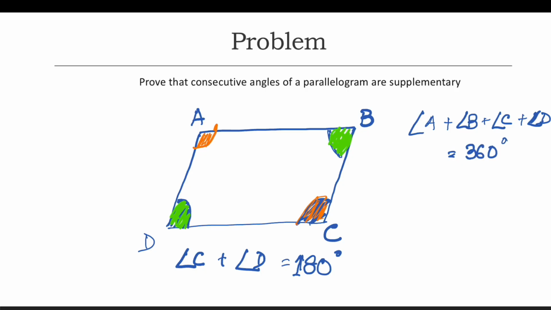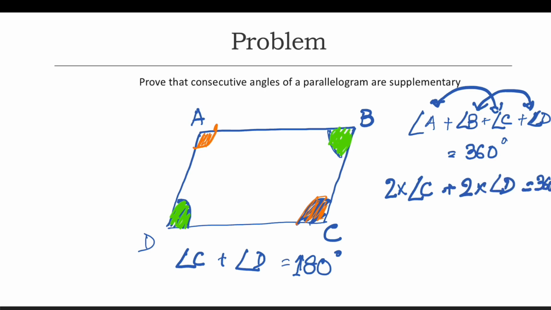It's a quadrilateral, so the sum of all four angles will be 4 into 90 degrees, 360 degrees. Now, if angle A and angle C are equal, I can write 2 into angle C plus 2 into angle D equal to 360 degrees. So angle C plus angle D, I take 2 common, bring it here, 360 by 2 equal to 180.